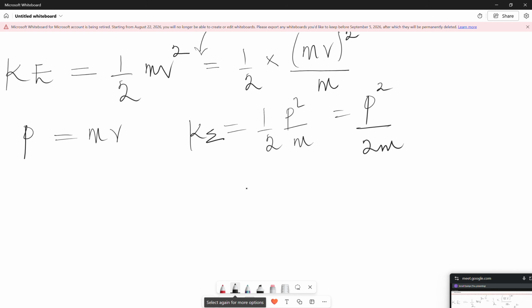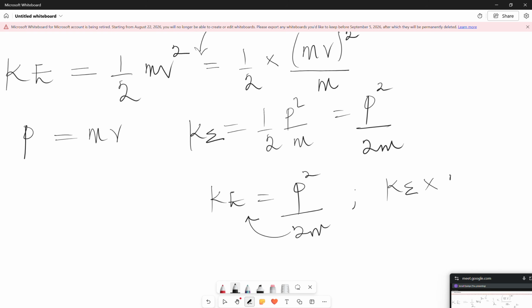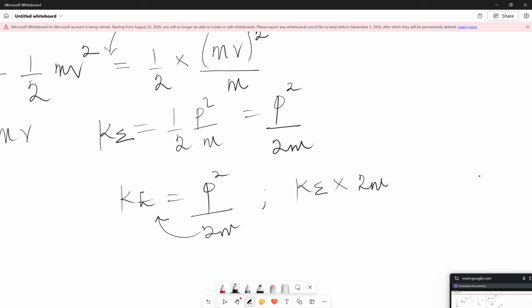From here now, you could easily transform this. This is the equation we have, that kinetic energy is equal to p squared over 2m. If we cross this to the other side, we are going to have kinetic energy multiplied with 2m is equal to what? Momentum squared, right?